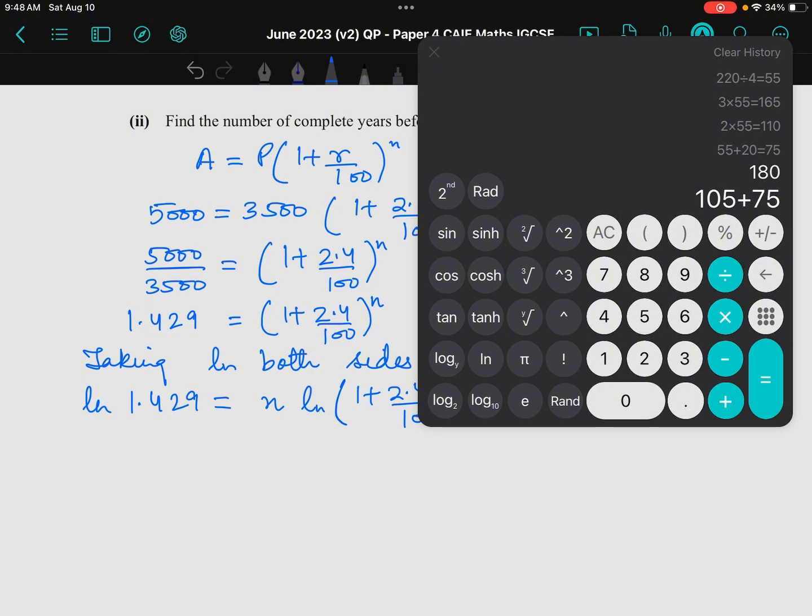So when we take ln 1.429, it will give me the answer 0.35697, and this equals n times ln of the bracket.